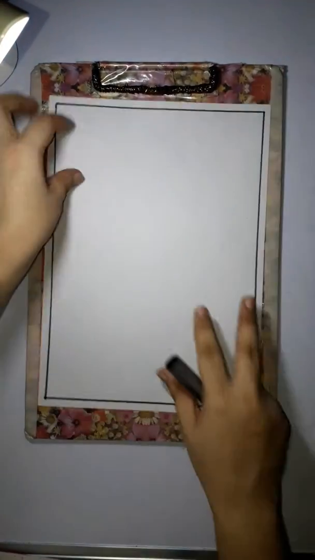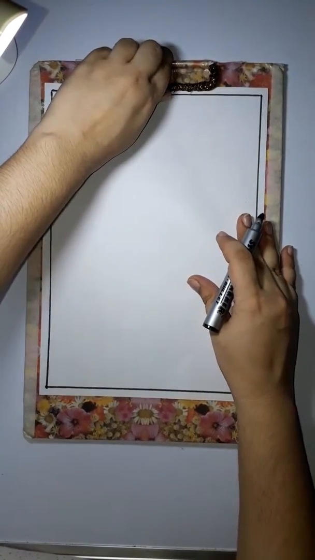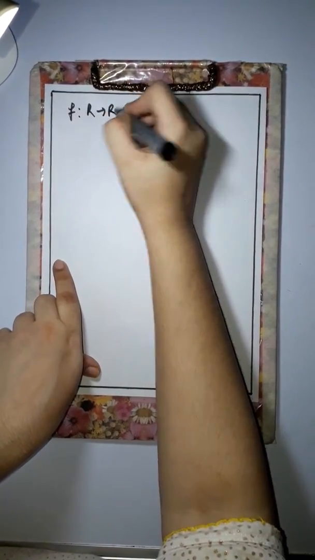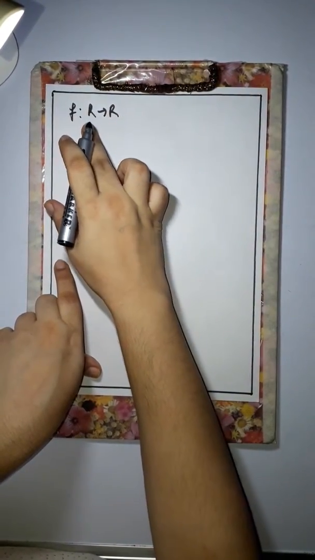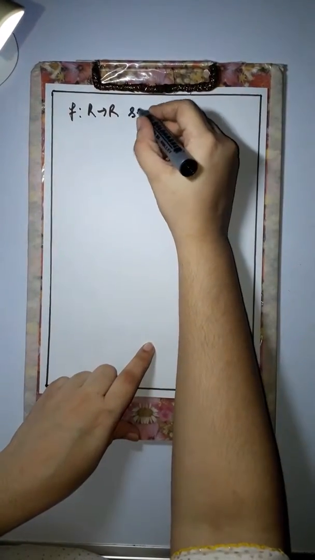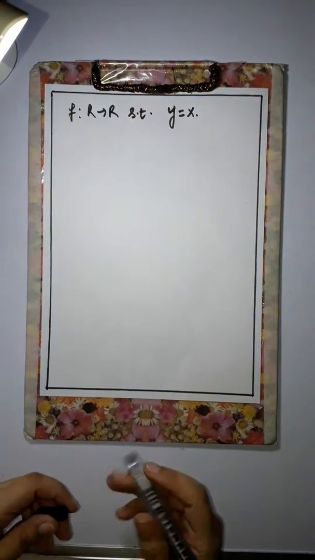Let's say we have a function f from R to R, where domain and codomain both are real numbers, such that y is equal to x.